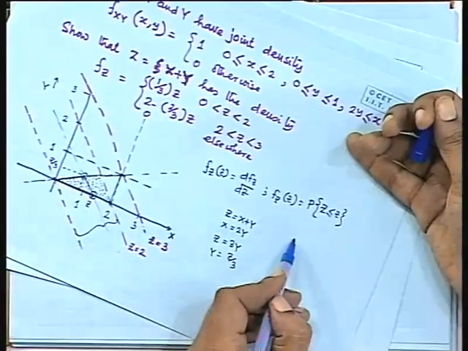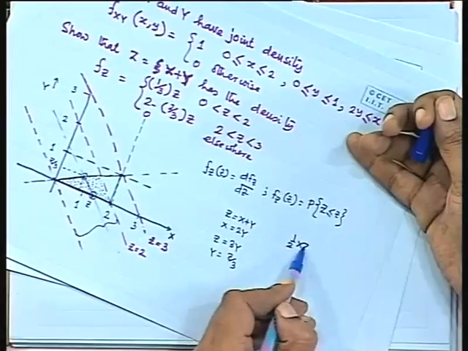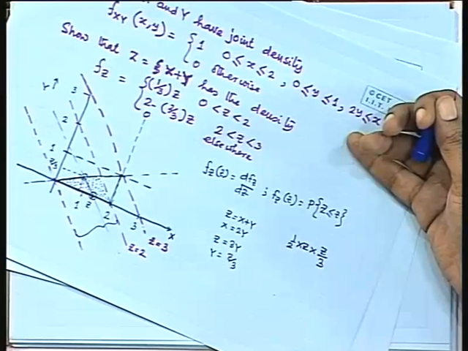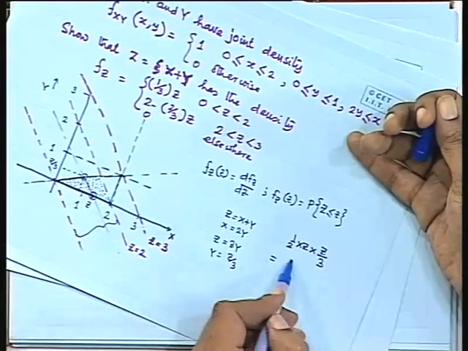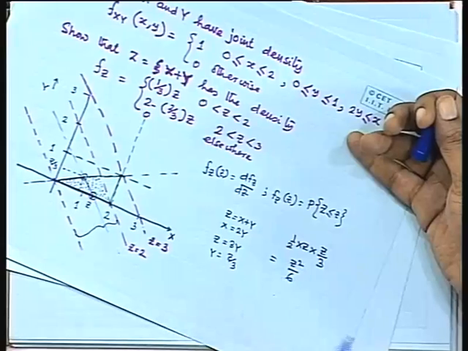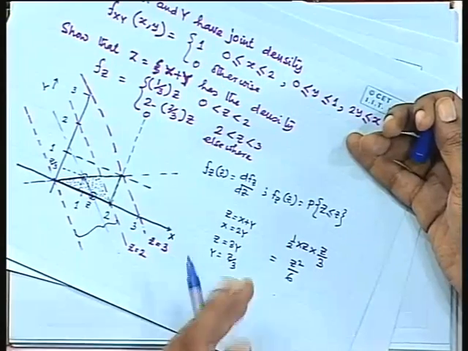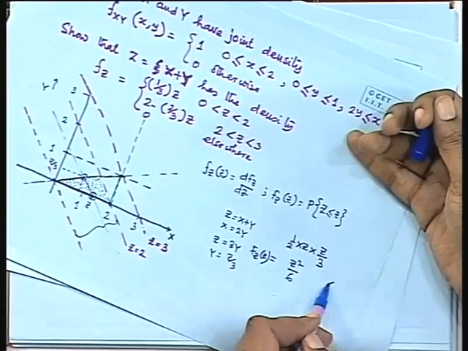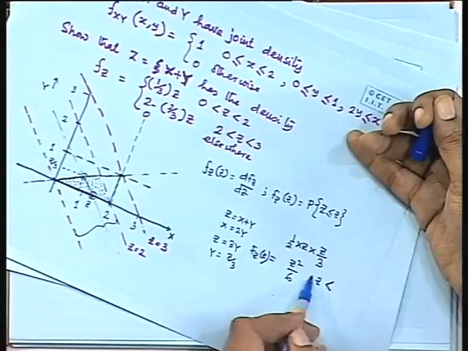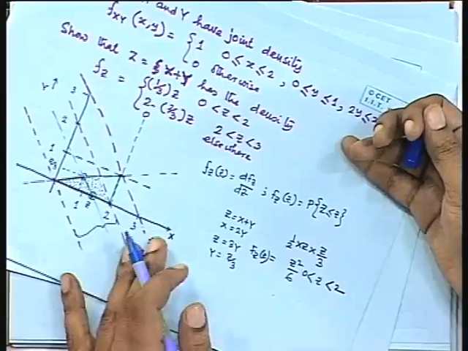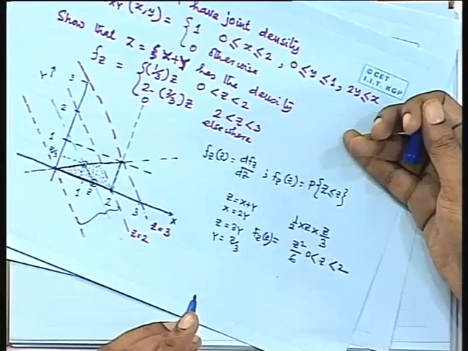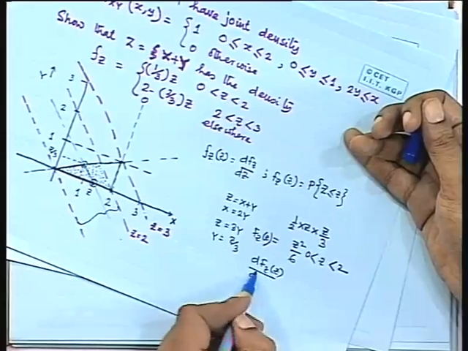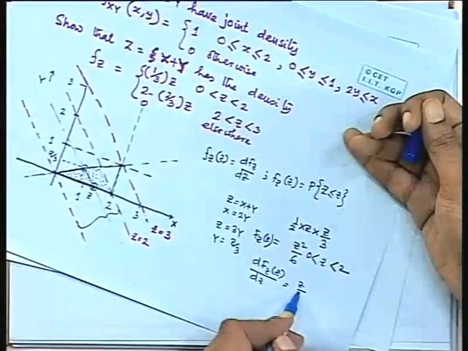It is half into z by 3, that is equal to z square by 6. Now that is equal to Fz of z when z lies between 0 and 2. So now what is dFz dz? Z by 3.